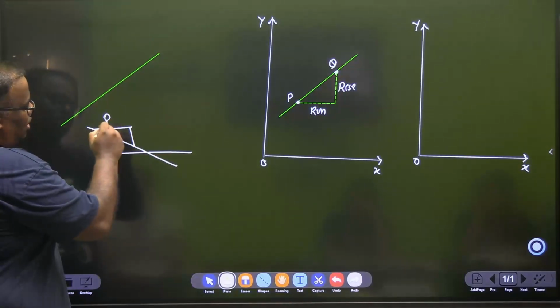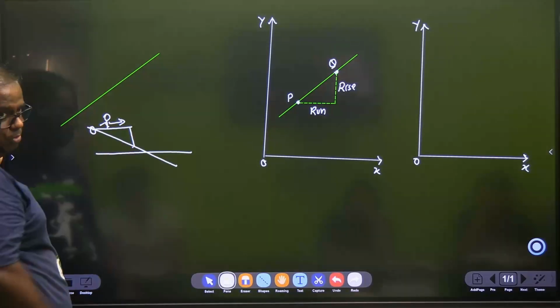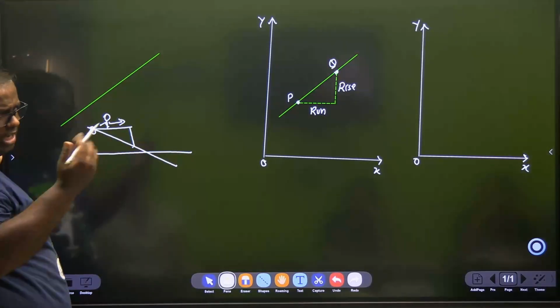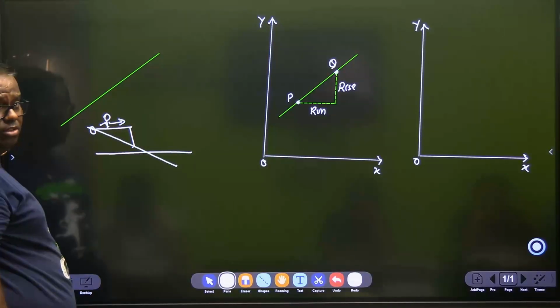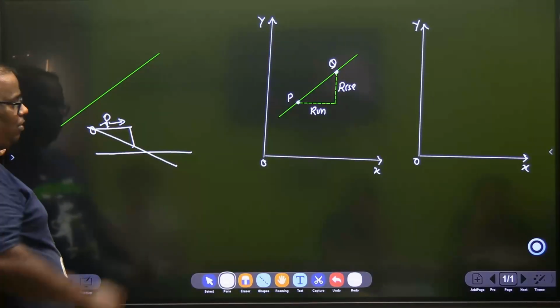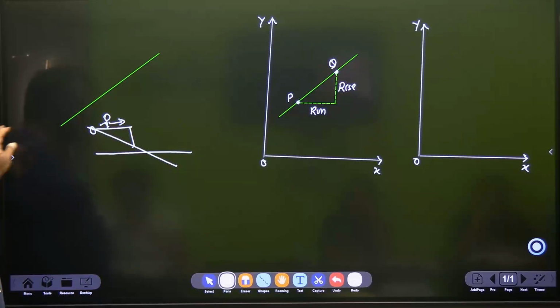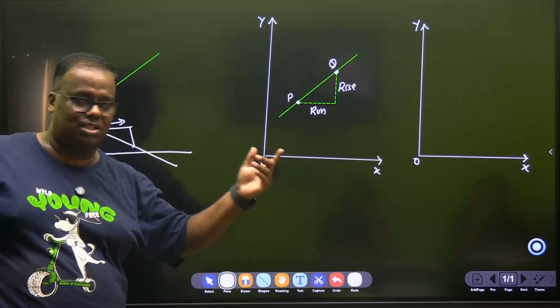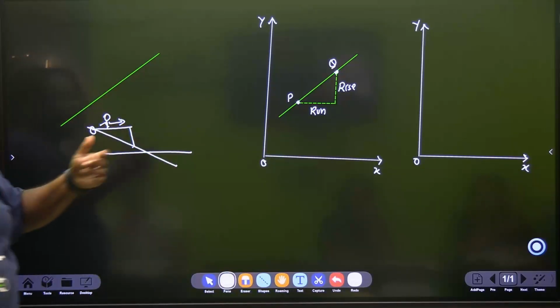If your run is in this side, it is positive. Means from this point, you have to reach this point, or from this point to this point, either your wish. Let me reach this point. My run will be positive, but my rise is negative. So obviously it's negative. Let's see from this side. Rise is positive, but my run is negative. And you are supposed to move like the rook of chess. You can only move horizontal and perpendicular, right?